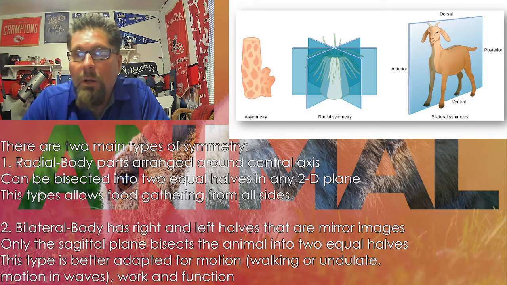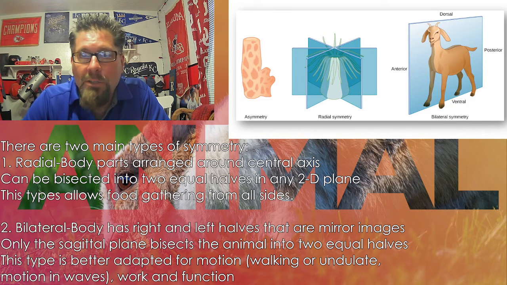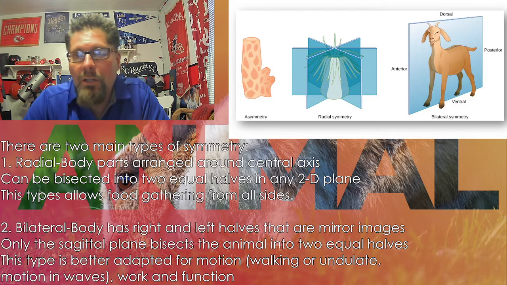And then bilateral symmetry, which is us, where you make the dissecting plane and you have the same thing on the right or the left. The butterfly is a perfect example of that. You draw a plane right through the center of the actual body, and you've got the right and left side exactly the same.